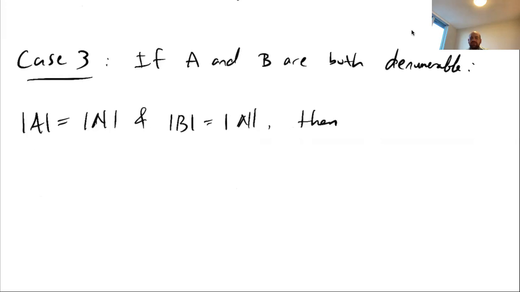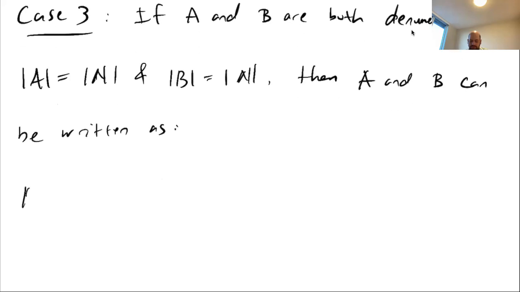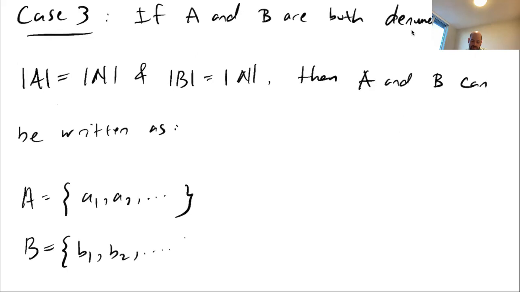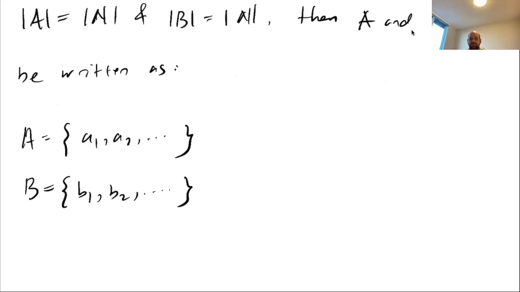Then I can list the elements of A and also list the elements of B. So let's say A equals A1, A2, and so on, and B equals B1, B2, and so on. Now I want to list the elements of A union B. List means which one is the first element, which one is the second element, and so on.